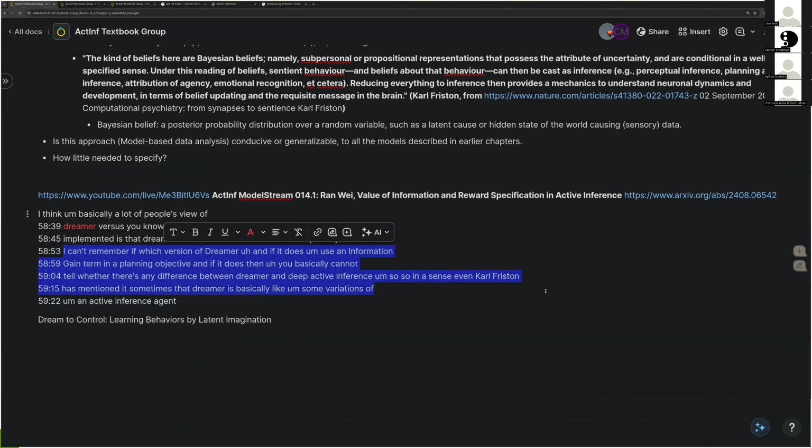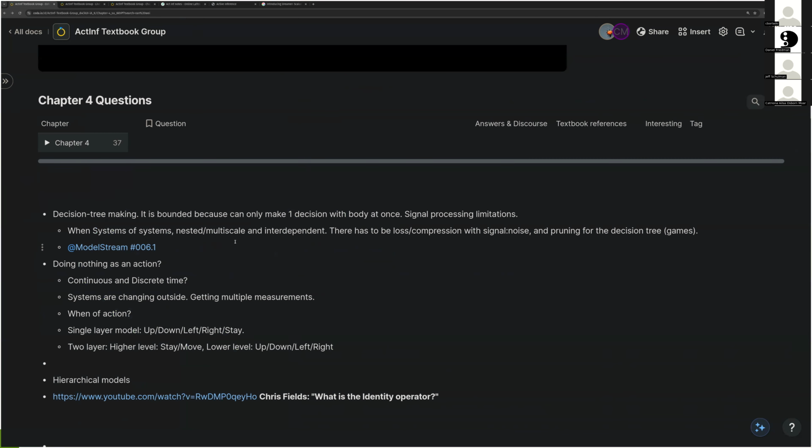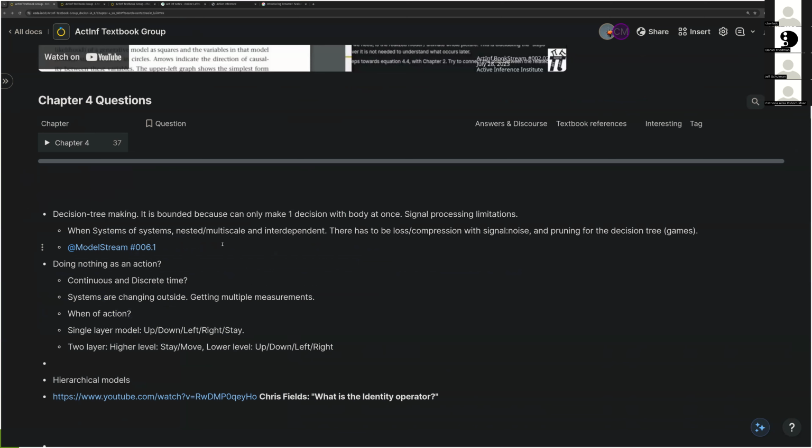Karl Friston mentioned sometimes that Dreamer is like some variation of active inference. So I think the textbook clearly shows the model doesn't have to be hierarchical, architecturally or functionally, for it to be active inference, even for perhaps interesting or multi-scale behavior to arise.